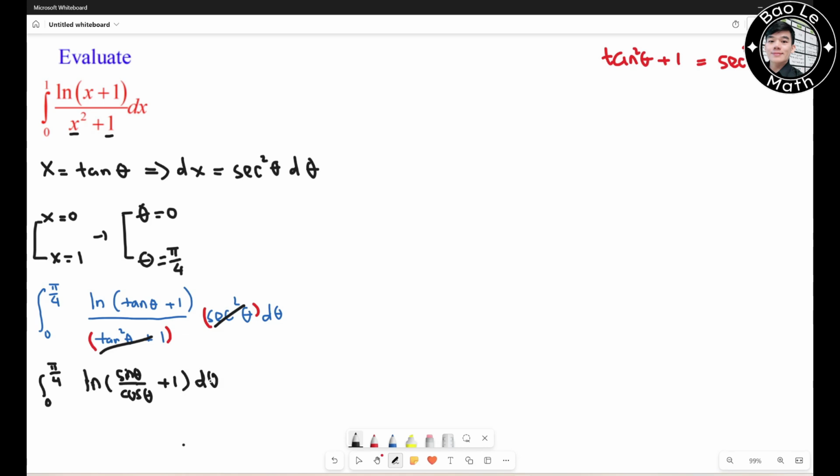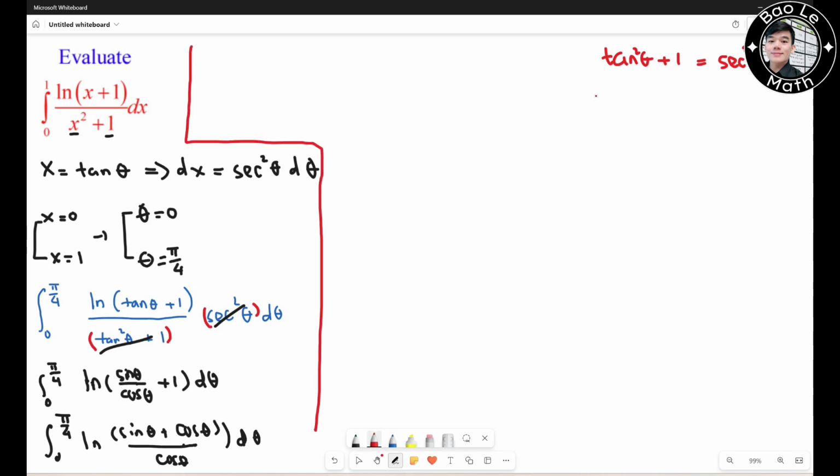Next, the integral from 0 to pi over 4. I need to write this with the same denominator, so it turns out to be natural log of (sine theta plus cosine theta) over cosine theta, d theta.